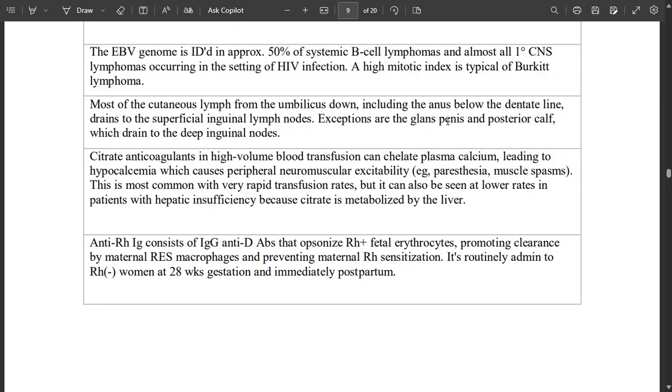While the part of the anus below the dentate line, the ectodermal part of the anus, drains to the superficial inguinal lymph nodes.